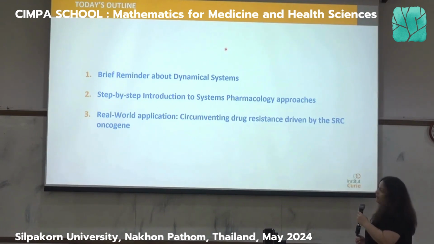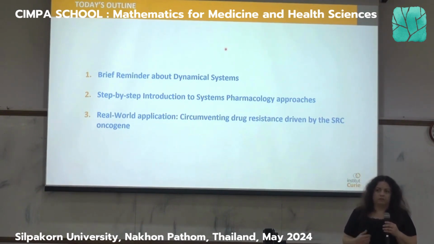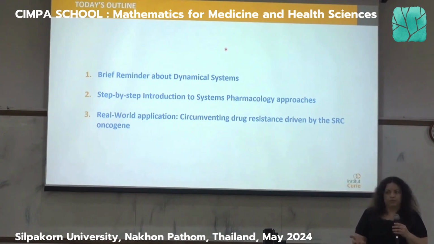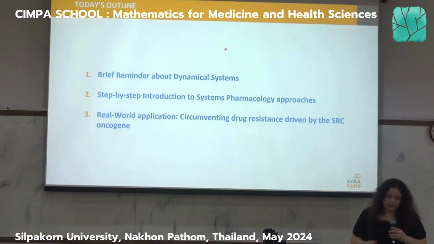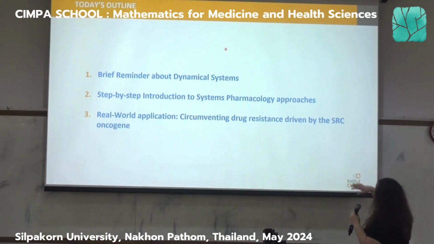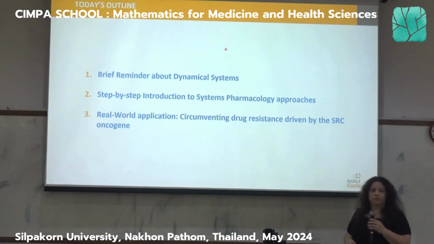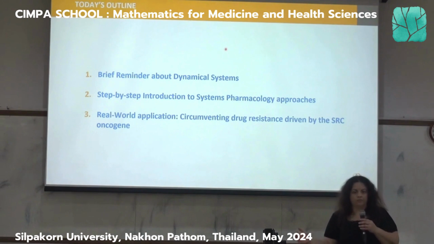And then the third part would be about a real-world example, because here the idea is to actually have an impact on patients. And I will show you how we can actually optimize therapy in the context of the overexpression of SAR, which is an oncogene, so a protein that is overexpressed in the case of cancer.